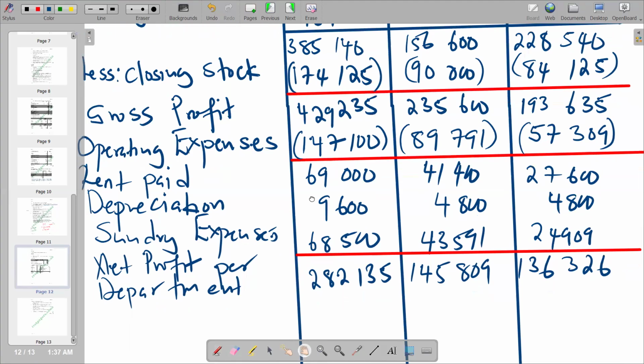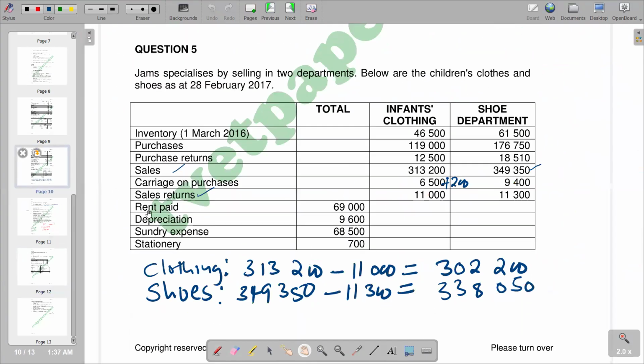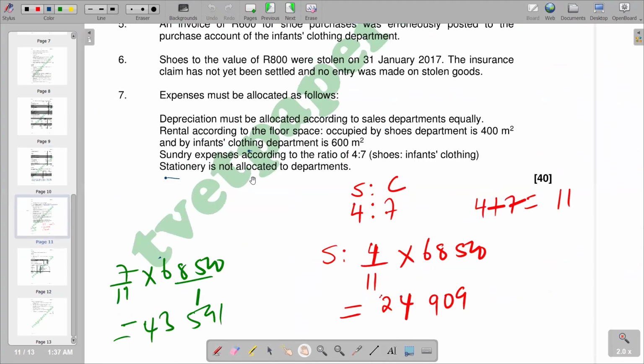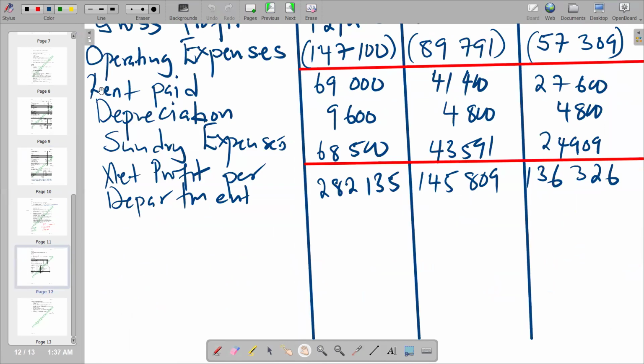Then from there, remember we've got an expense which is 700 for stationery, which was not supposed to be allocated to departments. So we take that expense 700 for stationery. So we're going to say stationery, and then it's going to be in the totals column only, which is 700.